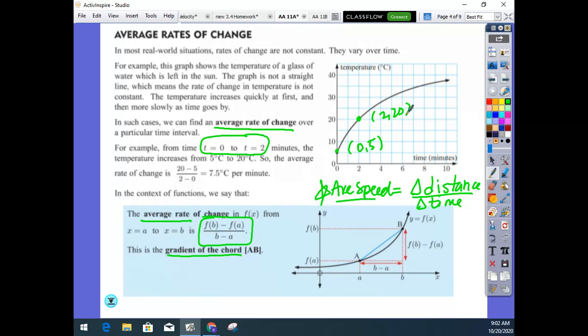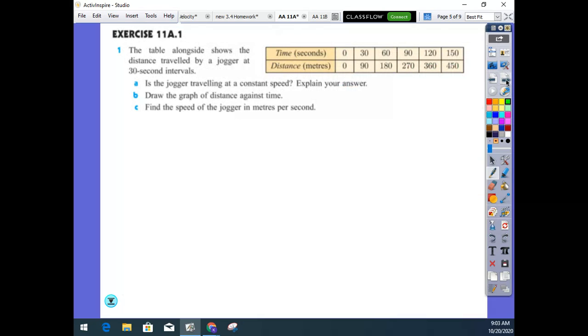Your rate of change is just the slope: 20 minus 5 over 2 minus 0, which gives us 7.5 degrees Celsius per minute. So the first unit's just understanding that the average rate of change is just the slope of 2 points. And that's your homework.